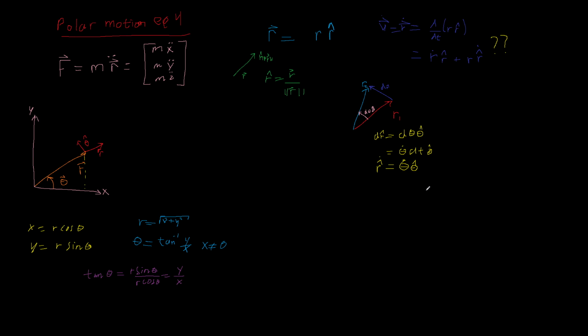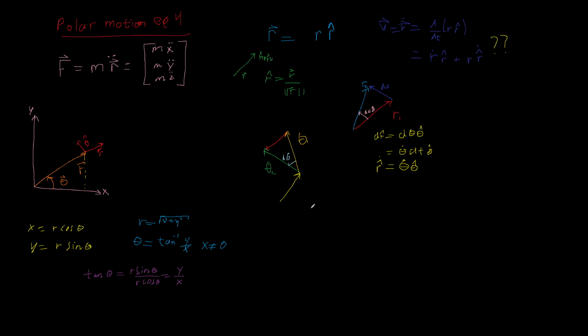And we can actually do the same for theta hat. To do this, we need to draw some vector here, and I'm going to draw theta 1, theta 2, and I'm going to have this change, d theta, and then this change in r.